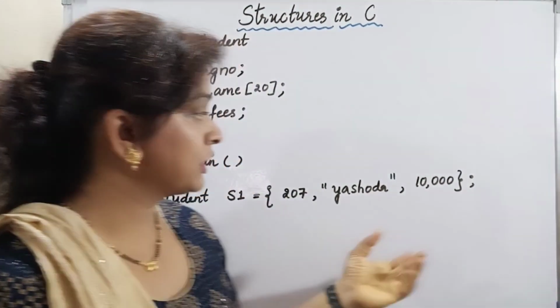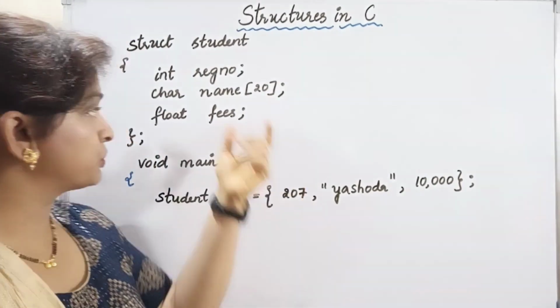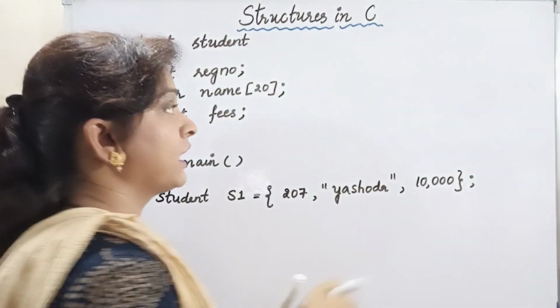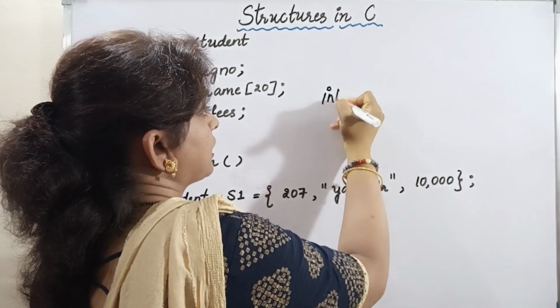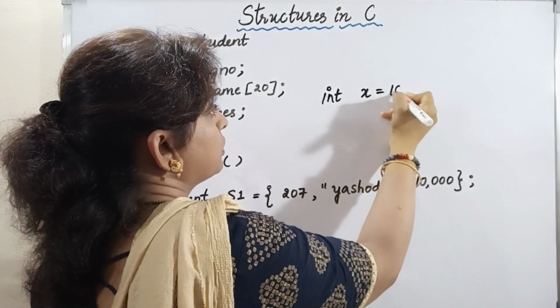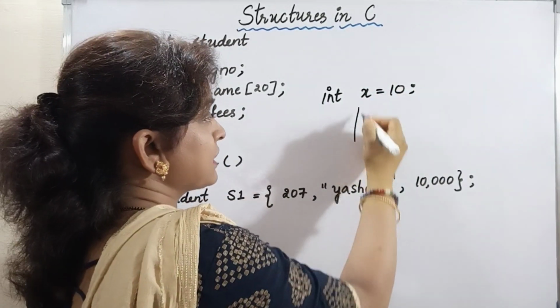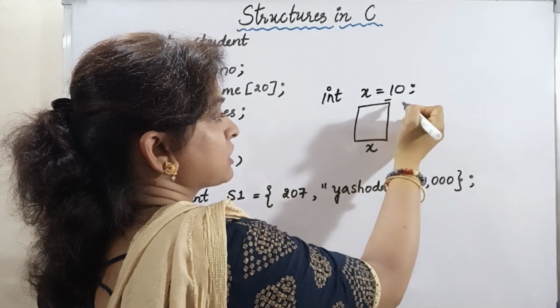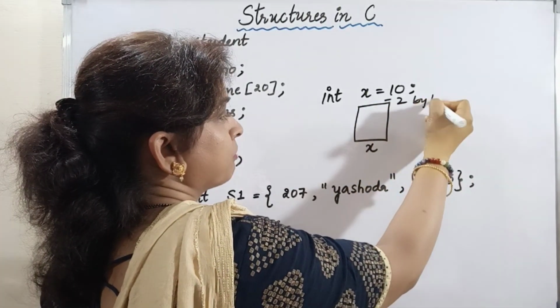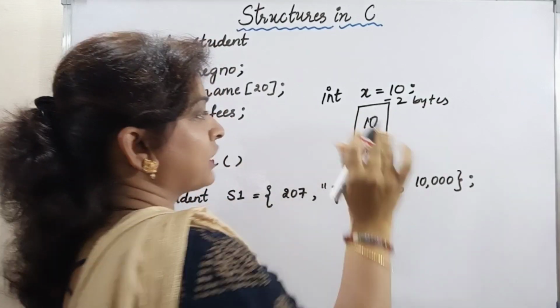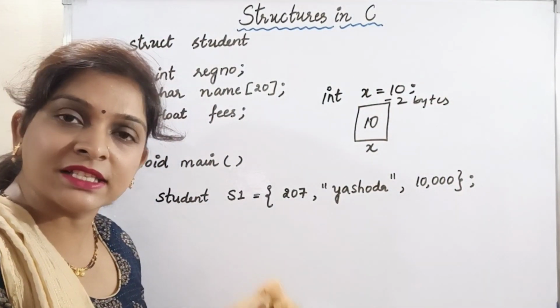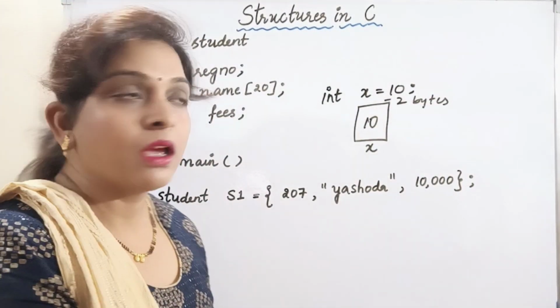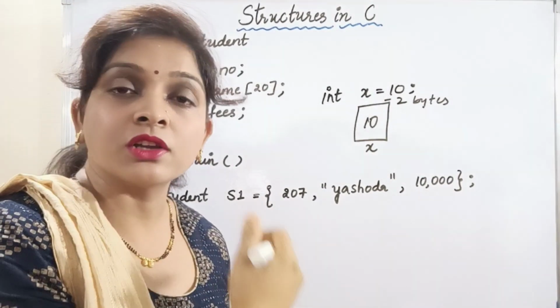Now let us try to initialize values to these members, like how we say for the fundamental data type int x equal to 10. I have the variable x, a memory block x will be created, some memory address will be given for that, say 2 bytes of memory will be given and the value 10 will be stored. This is how I initialize a single variable. But how to initialize a structure variable?